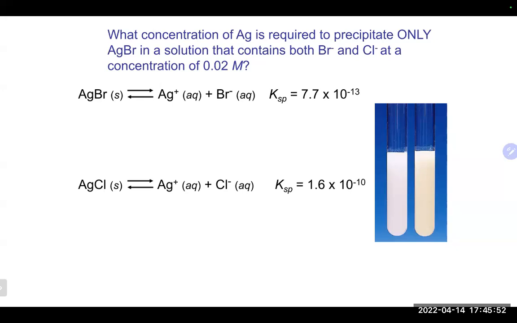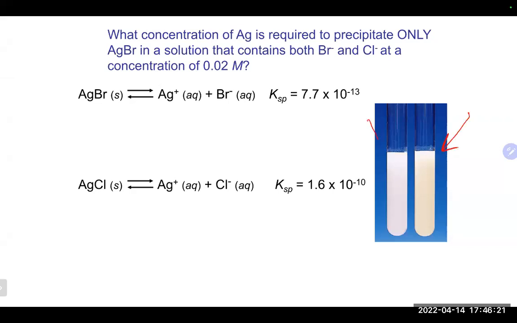The reason we might want to do that is, for example, a situation like this problem. What is the concentration of silver that's required to precipitate out only silver bromide in a solution that contains bromide and chloride, both at 0.02 molar? So obviously silver and the bromide makes a solid, and the silver and the chloride makes a solid, and that is what's pictured here.